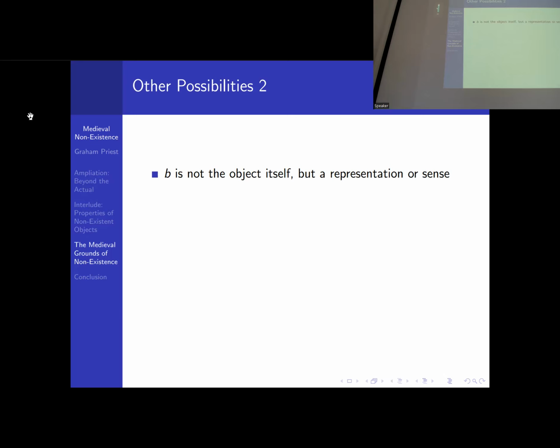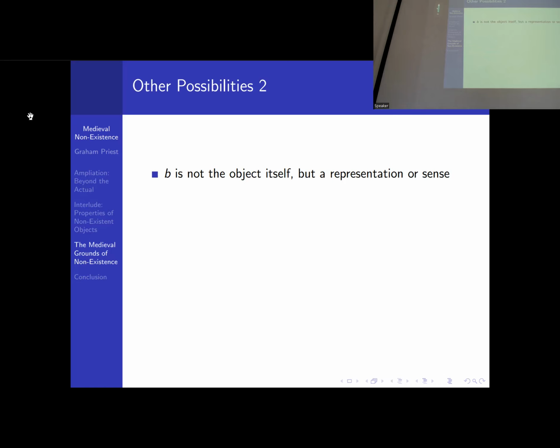But even though in thinking of Sherlock Holmes, a representation of Sherlock Holmes comes into my mind or between my ears, I'm thinking of the thing represented, just as I'm thinking of London, if in thinking of London, a representation of London comes through my mind. Okay, so I don't find this a particularly plausible move.